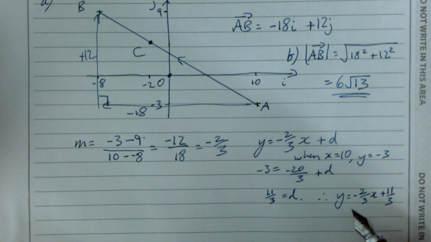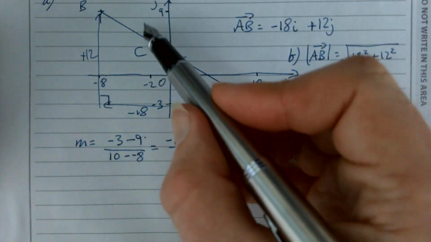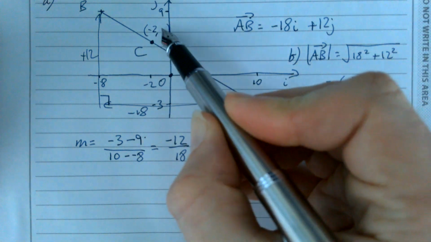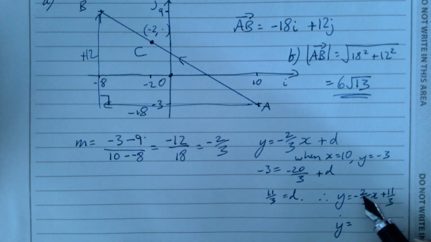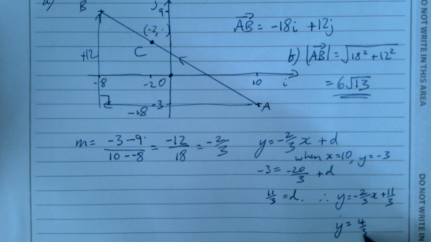And we want to know what y is when x is, for C, negative 2. We want to know what that is, don't we? So y is going to be equal to negative 2 times negative 2/3, which is positive 4 over 3, plus 11 over 3, which is 15 over 3, which is 5.